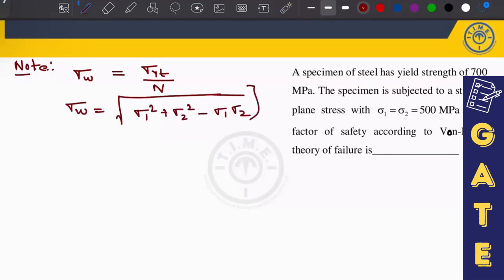If you read this question carefully, a specimen of steel has a yield strength of 700 megapascal. The specimen is subjected to a state of plane stress whose stress values sigma 1 and sigma 2 are both the same. You have to calculate the factor of safety according to the von Mises theory. Try to solve and tell me what answer you are getting.